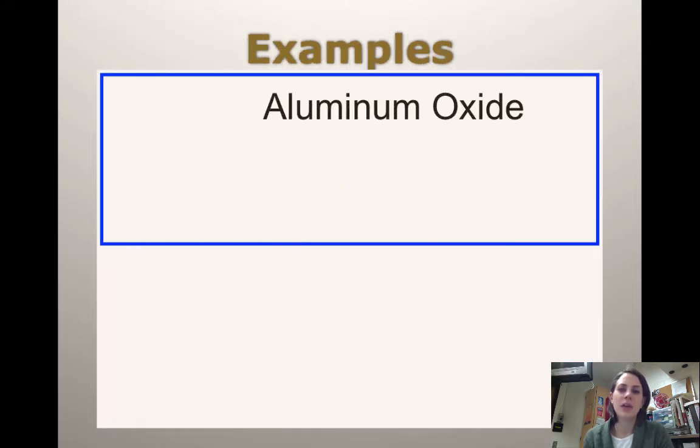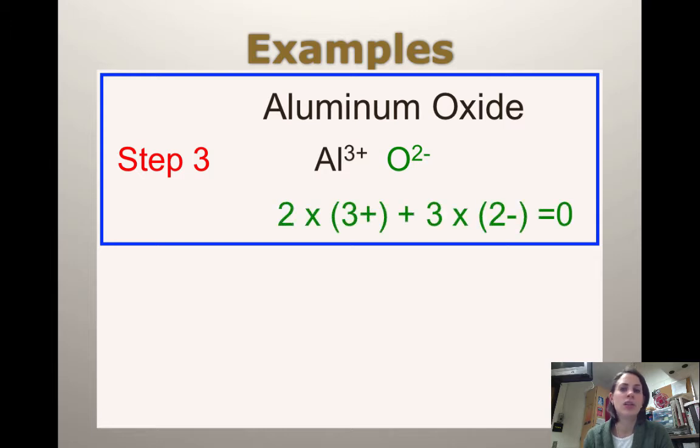In my next example, I have aluminum oxide. Aluminum, we know is going to be a +3 charge from where it is on the periodic table. It's in group 3. Oxide is a -2 charge. It's in group 6, and it's going to gain 2 electrons to get to 8 valence electrons. And then I need to do a little math here to figure out how many of each I need.